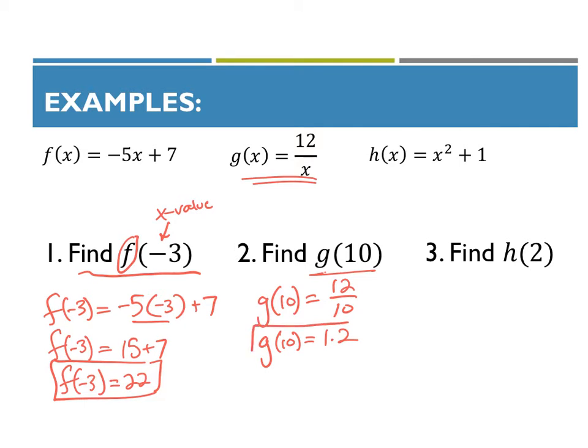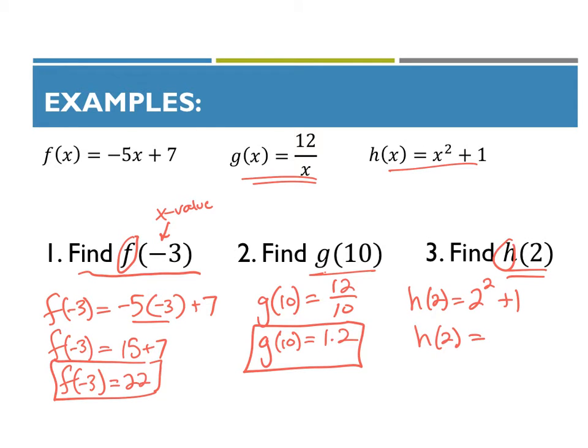And so g of 10, we'd say, is 1.2. And then the last one, h of 2. If I wanted to find h of 2, again, we're pertaining to the function h of x up top. And so to sub in 2 wherever I see an x would be 2 squared plus 1. And so it looks like h of 2 here would be 4 plus 1, which is 5. So anytime you're evaluating a function, you're simply just subbing that in for the variable of x. And you have to sub it in everywhere you see an x.